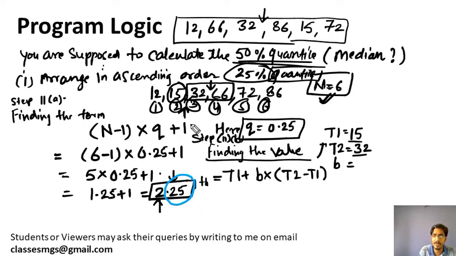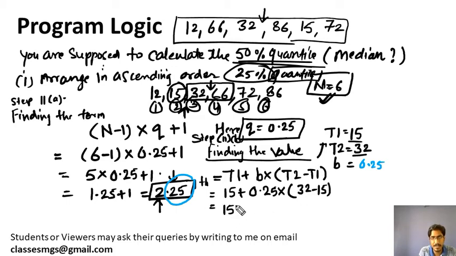So b will be 0.25. Now put all those values and solve it. T1 will be 15 plus b, which is 0.25, into T2, which is 32 minus 15. Now solve it. 15 plus 0.25 into (32 minus 15) is how much?